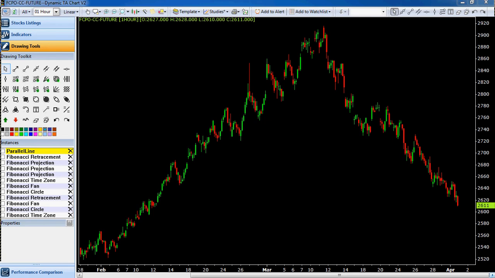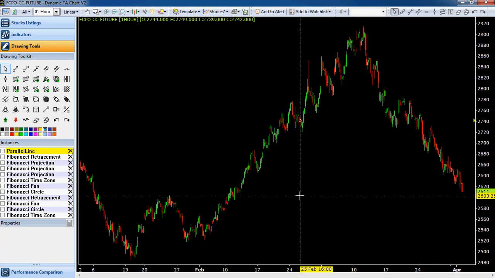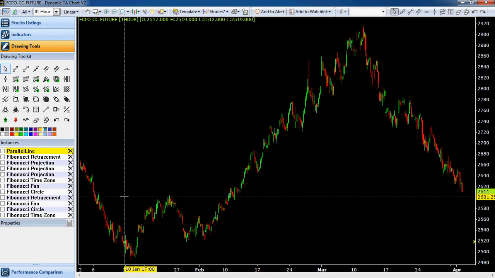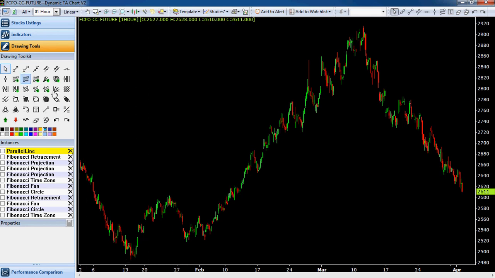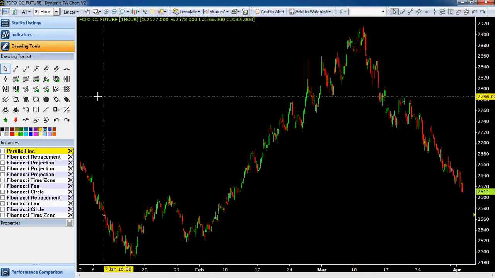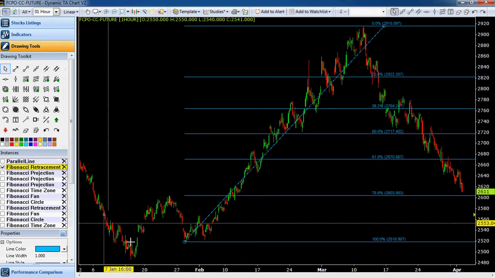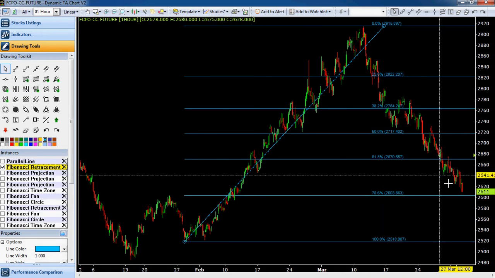So let's start now. What you see now is the FCPO price chart in the hourly timeframe. As we previously mentioned in our Mandarin commentary, we are expecting this to be a wave 4 correction: this is wave 1, 2, 3, and this one is a 4.